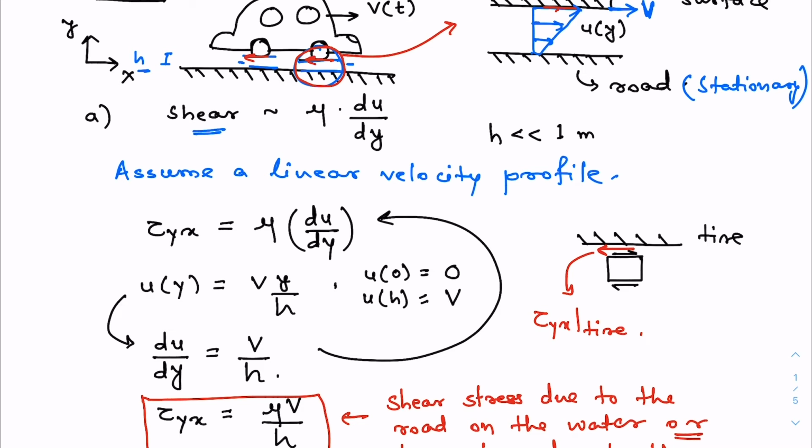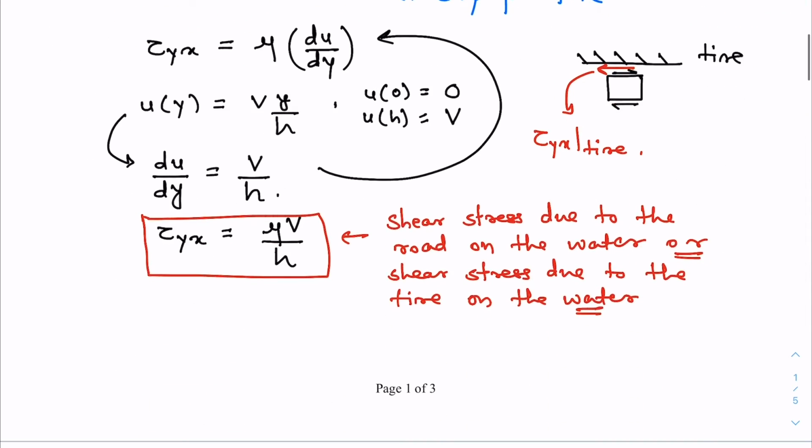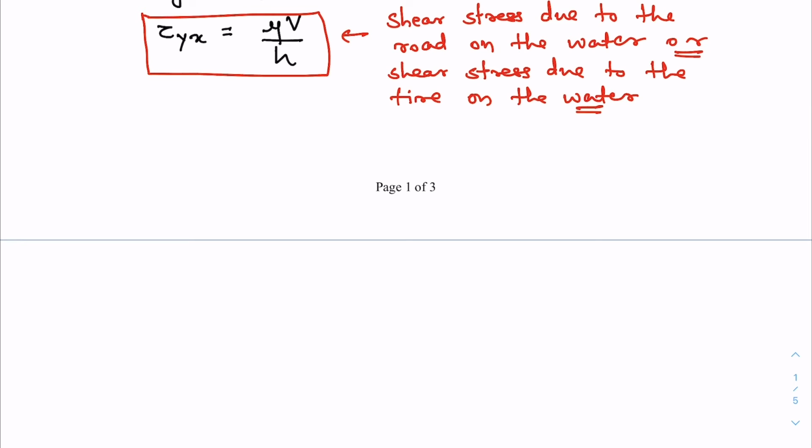Because of that, this force is basically opposing the forward motion of the vehicle, and we can evaluate it just by multiplying the stress by the area. So the force F on the car is nothing but tau yx multiplied by the area of all the four tires, which is given to be A in the question.